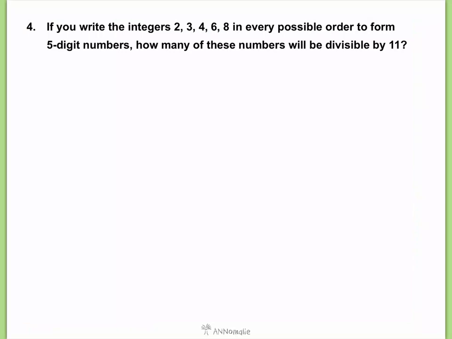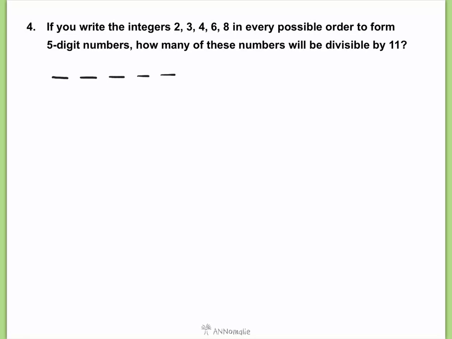A very interesting problem. Let's read it. If you write the integers 2, 3, 4, 6 and 8 in every possible order to form 5-digit numbers, how many of these numbers will be divisible by 11? Now, what does that mean? 5 digits, 1, 2, 3, 4, 5.